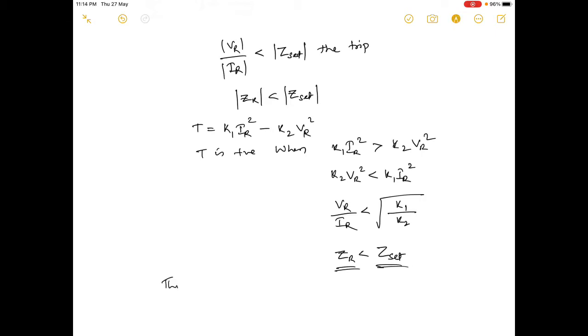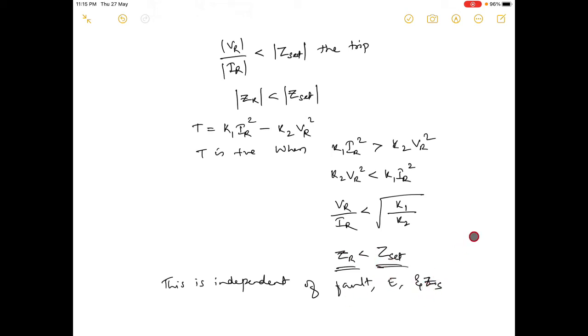What have we achieved? We have achieved a relation which is independent of the type of fault, E and also ZS. So we have come to an equation which is independent of these three quantities.